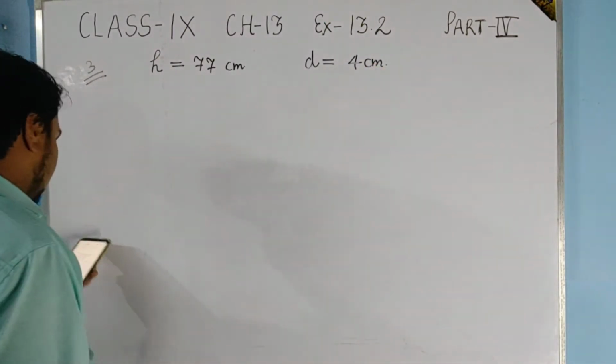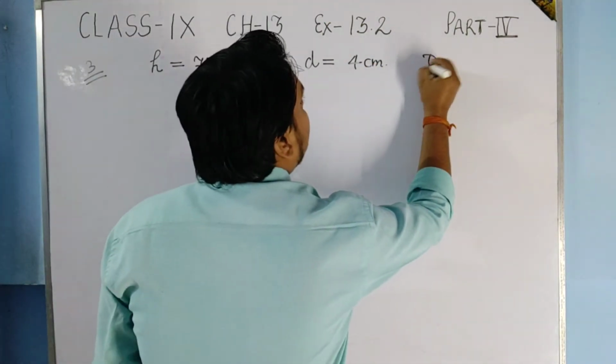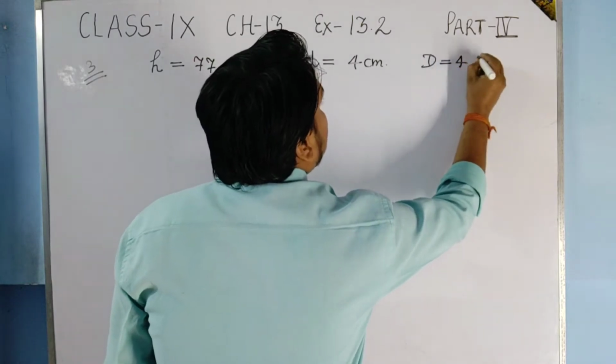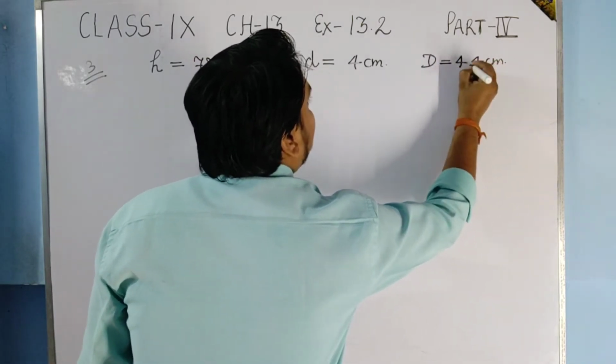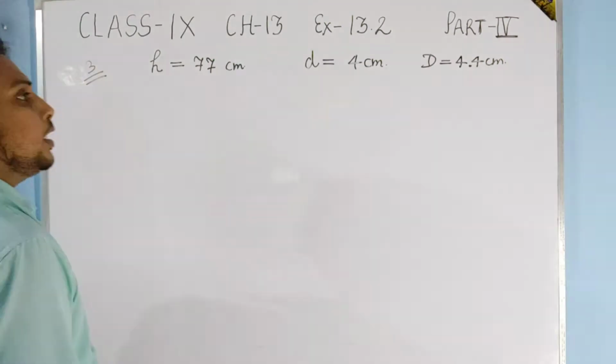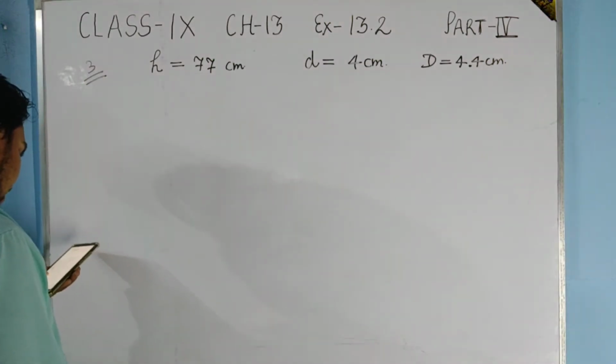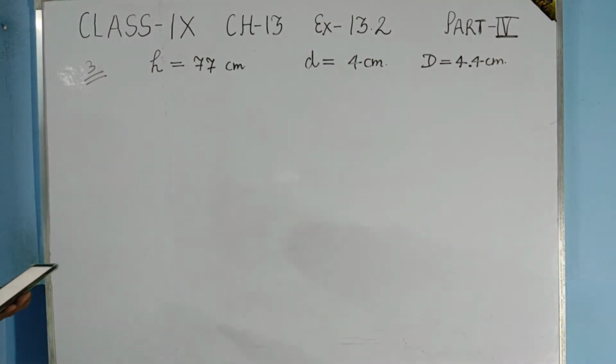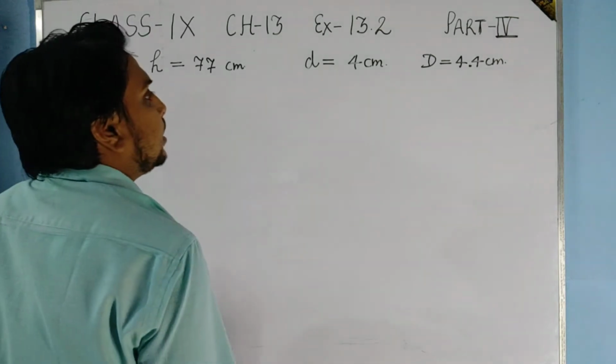The outer diameter, meaning capital D, is 4.4 centimeter. So we have to find the inner curved surface area, outer curved surface area and total surface area.